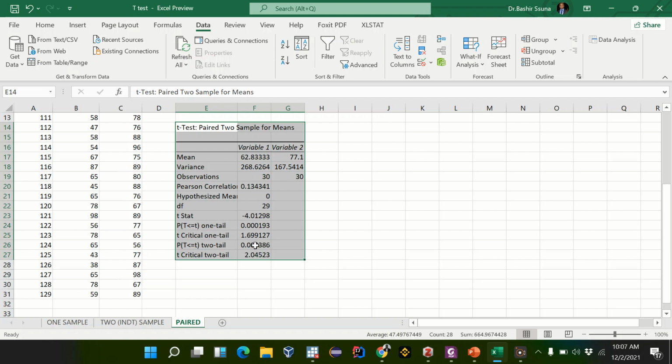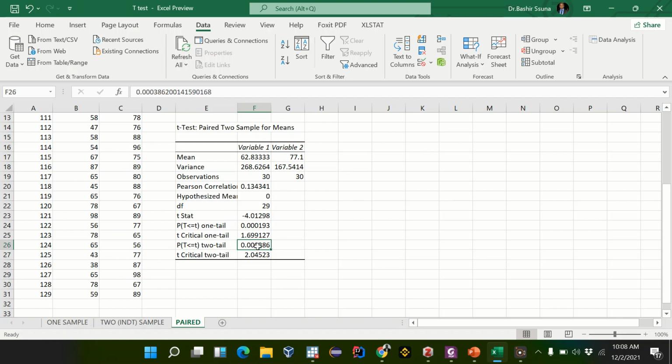Then we have the one tail. We shall look at this in hypothesis testing, but these are the p-values, one tail and two tails. One tail means only one side. If we had said that the mark goes in the positive direction, that the mark increases, then that's one tail. If it is two tail, it means the mark before and after could go both ways. It could be lower or higher.